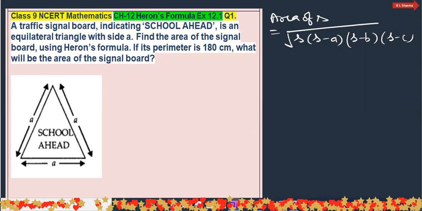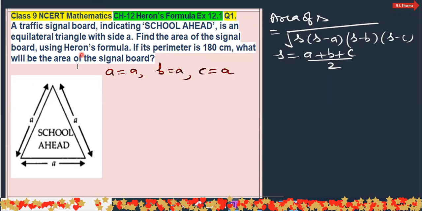And S is given by a plus b plus c divided by 2. Here, let a is equal to a, b is also a, and c is also a. तीनों ही साइड इक्वल है, तो ये भी a है, और ये आपका जो b साइड, that is also a, और this side c is also a.